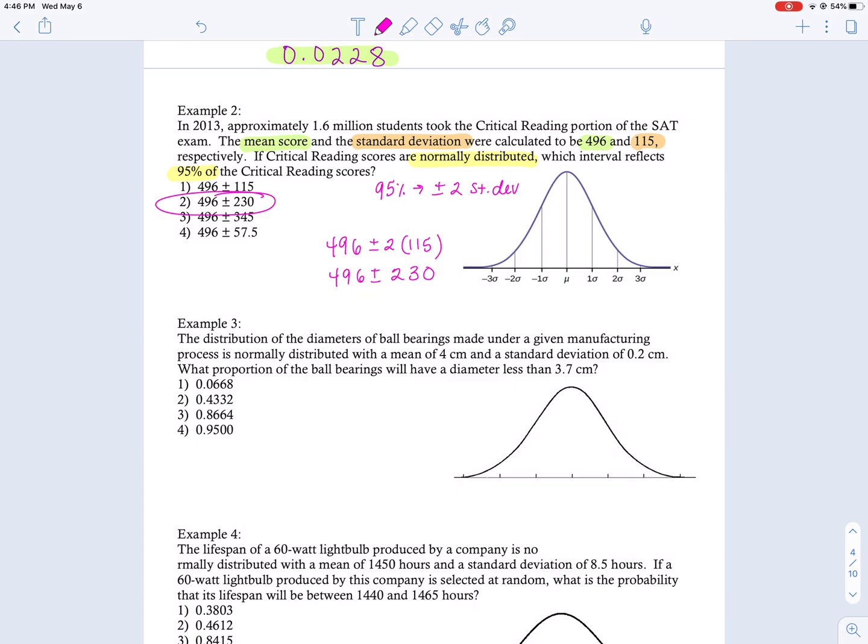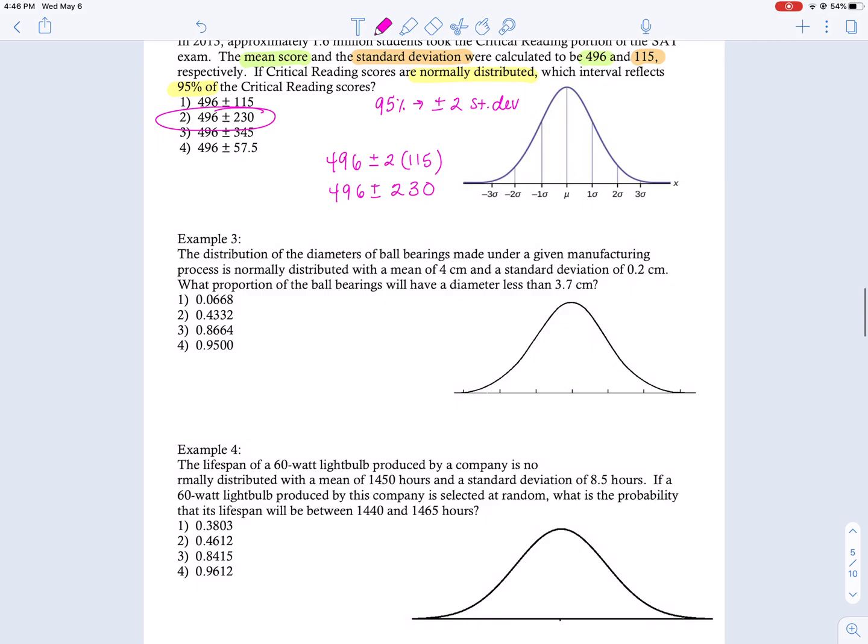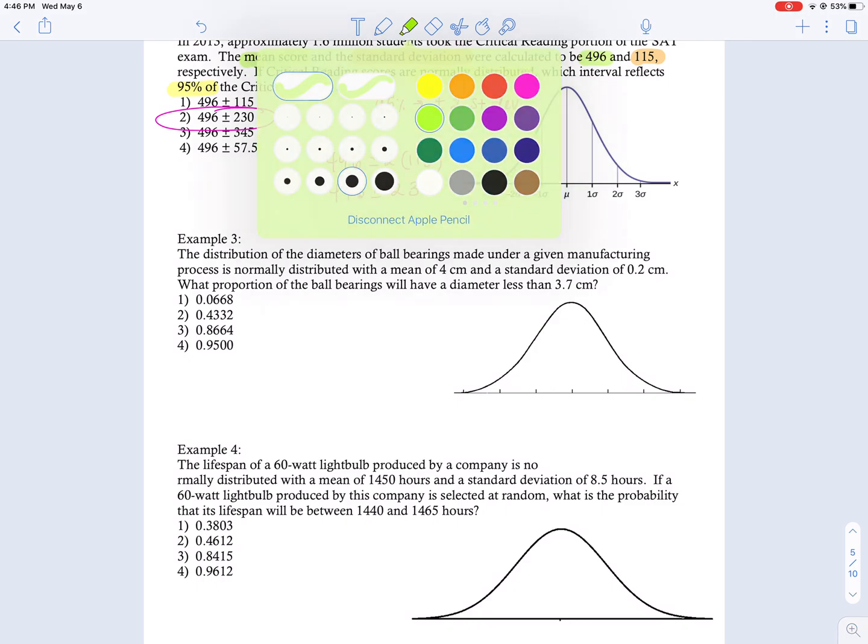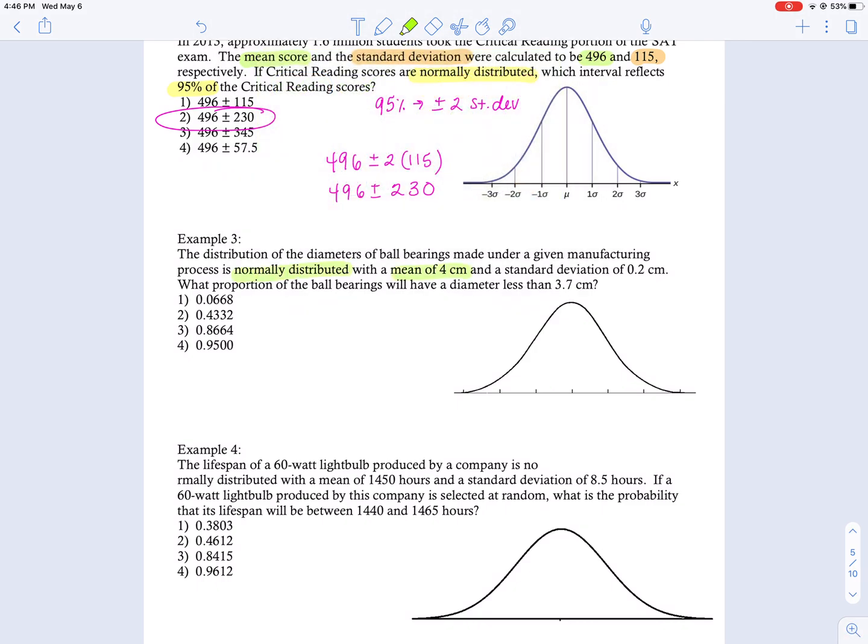Okay? How about number 3? It says the distribution of the diameters of ball bearings made under a given manufacturing process is normally distributed, mean of 4, standard deviation of 0.2. What portion of the ball bearings will have a diameter less than 3.7?